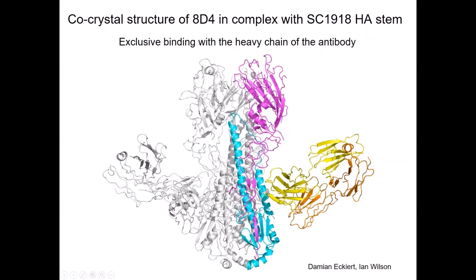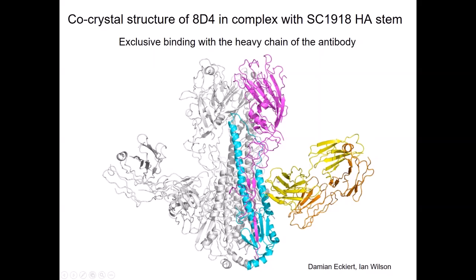And of course, there's a globular head and then a stem region at the bottom. You would have the transmembrane domain, which is truncated in these soluble forms of HA. And here you have a complex of a human Fab that we isolated from an approximately 100-year-old person who had survived the 1918 influenza infection as a child.